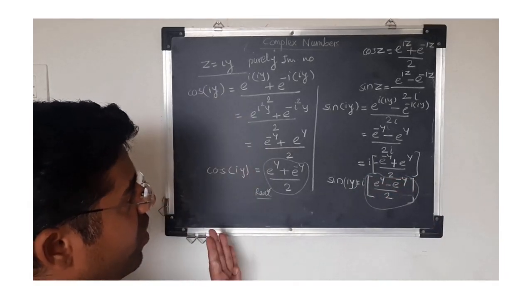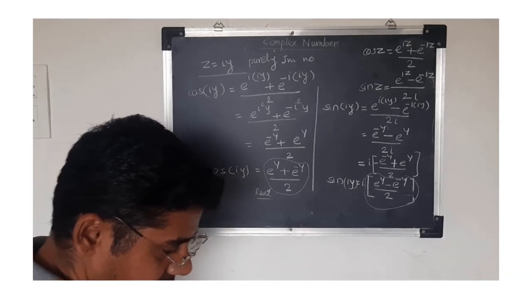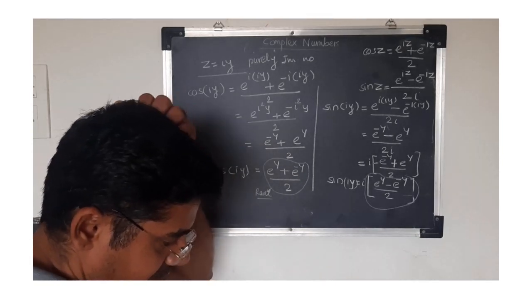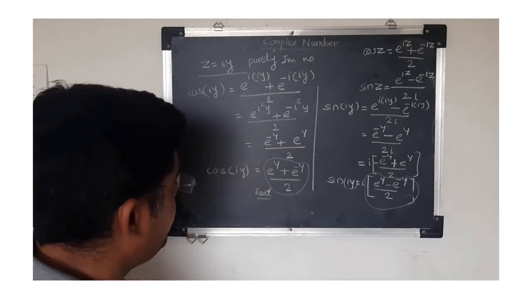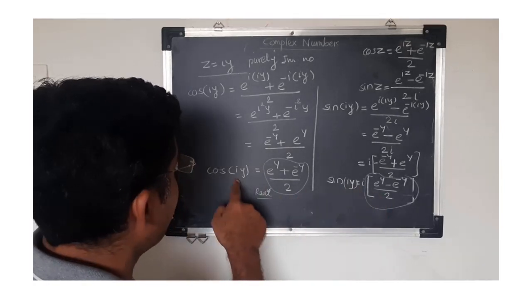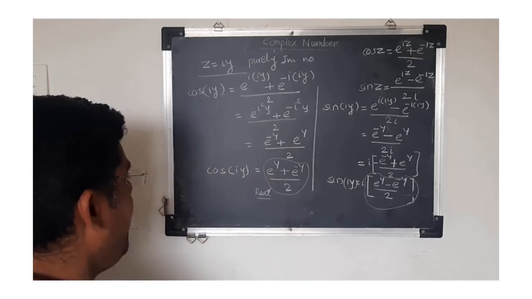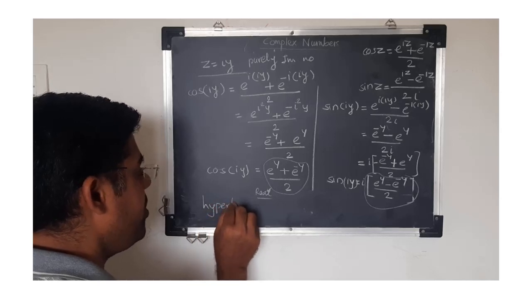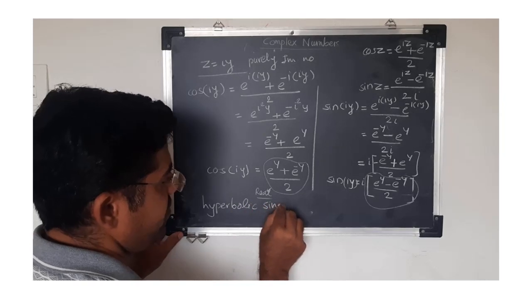So on the right hand side you get a real function, which is abbreviated as hyperbolic sine, or hyperbolic cosine.